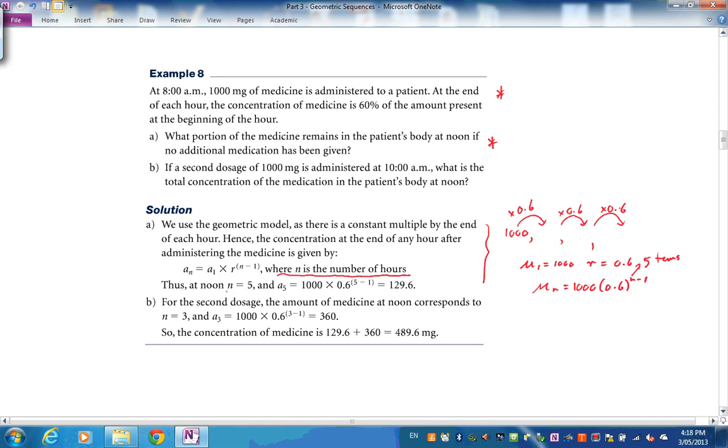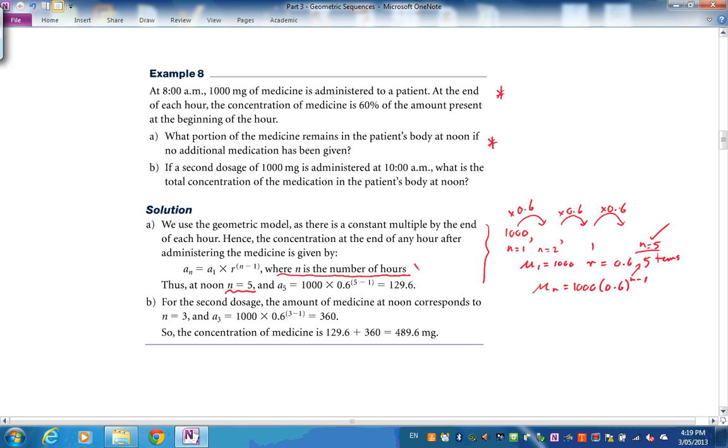So really what they're trying to say is if 8 a.m. is n equals 1, then 9 a.m. is n equals 2, and by the time we get up to 12, we're at n equals 5. Because remembering that we're starting with the first term being at 8 a.m. So 9, 10, 11 and 12 comes up to the 5th term, but only 4 hours have gone by.